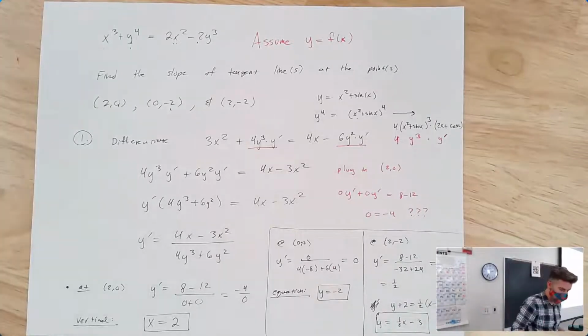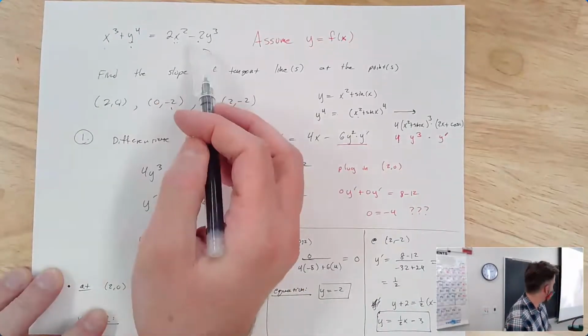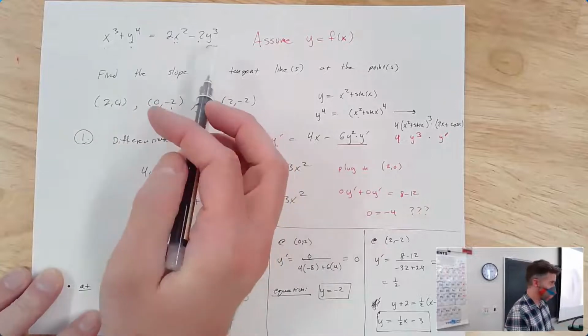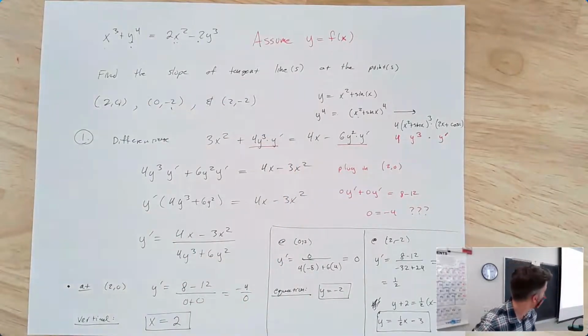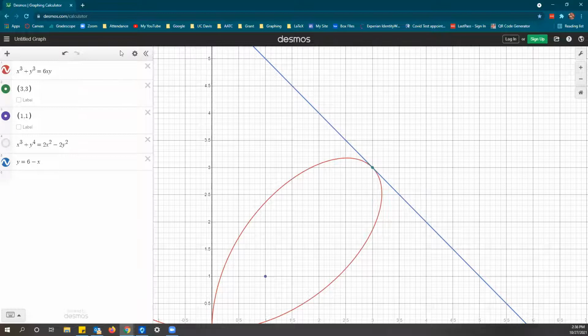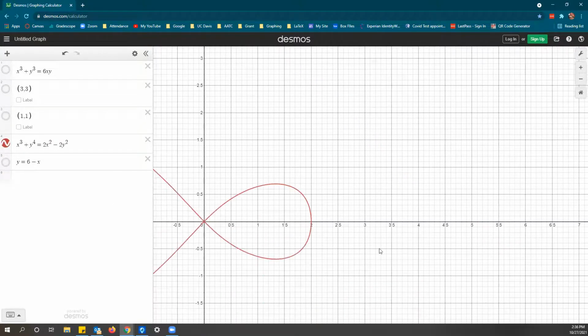Back in my day, we probably couldn't have graphed this ever. I have no idea what this graph looks like, but Desmos is awesome. So let's turn you off. There it is right there. Is it?